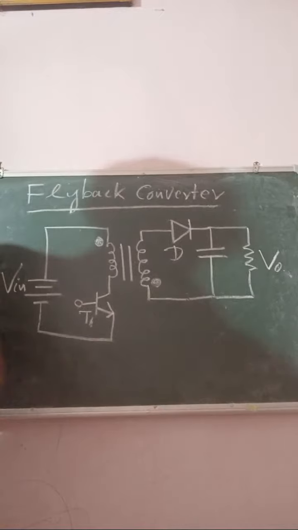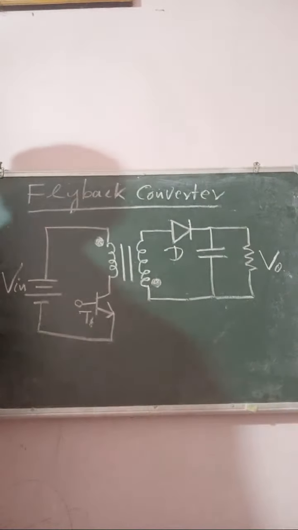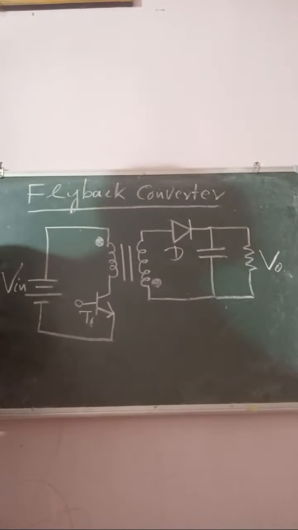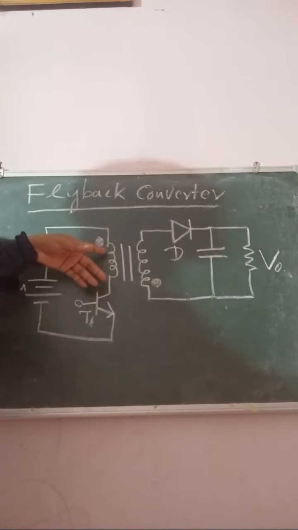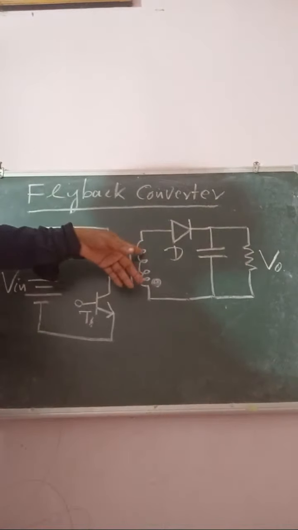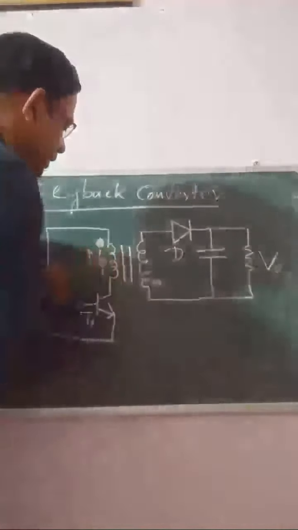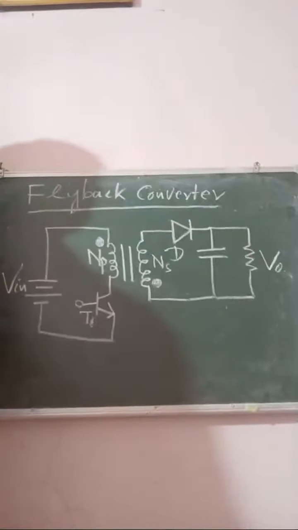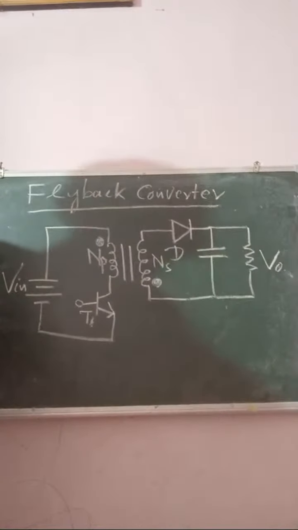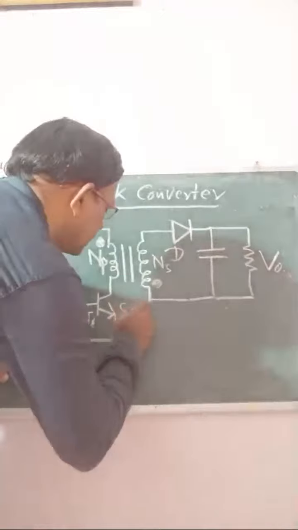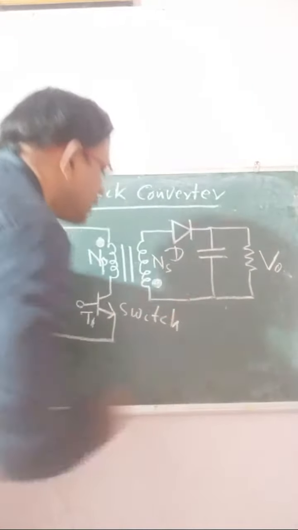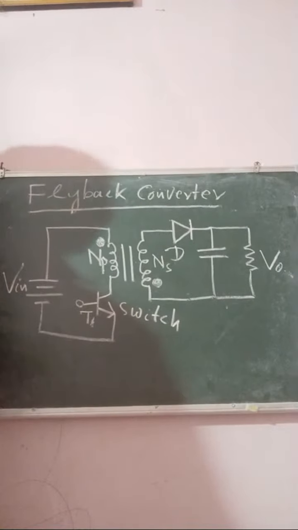Generally it consists of a thyristor switch, that is your IGBT or SCR. This is your source or input voltage. This is the primary winding of the transformer, and this is the secondary winding. Let us assume the primary winding has NP turns and the secondary winding has NS turns, and this is nothing but a switch.